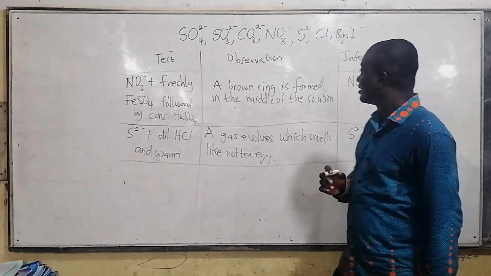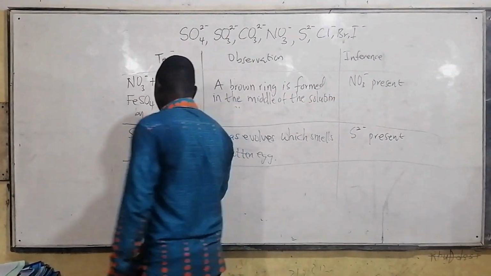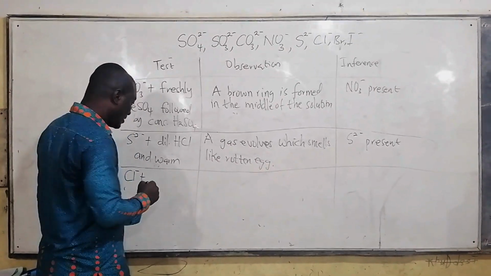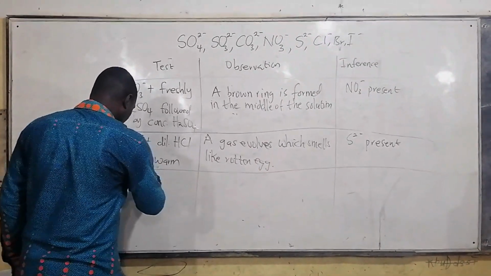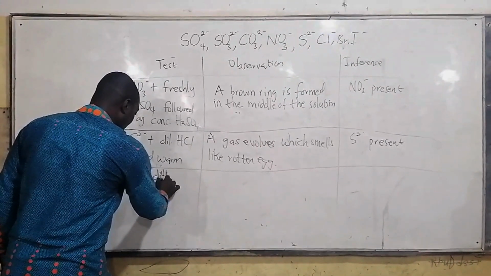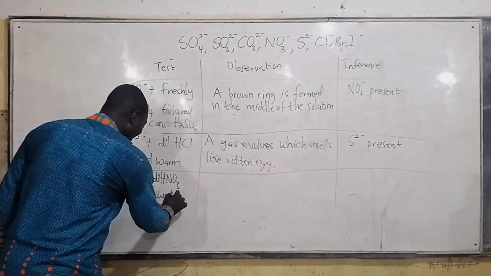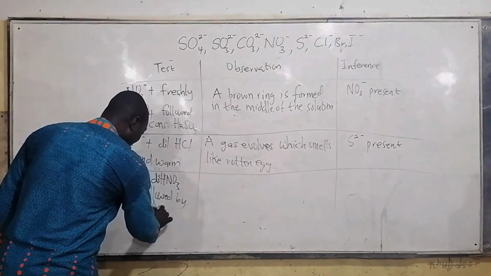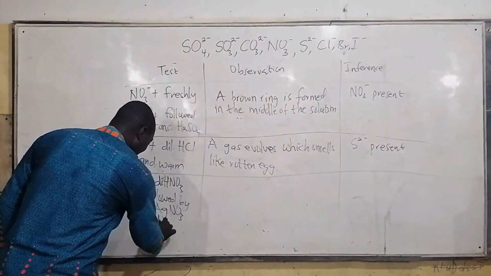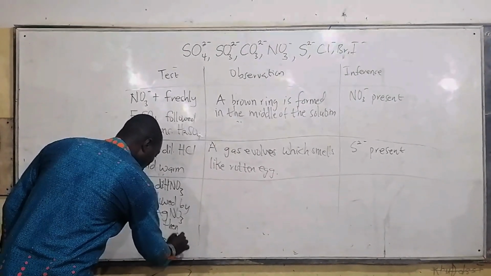Then lastly, let's look at how chlorine is identified. Chlorine is a halogen. For the chloride ion, you are required to add dilute HNO3 solution followed by silver nitrate, that's AgNO3, and then excess ammonia solution.